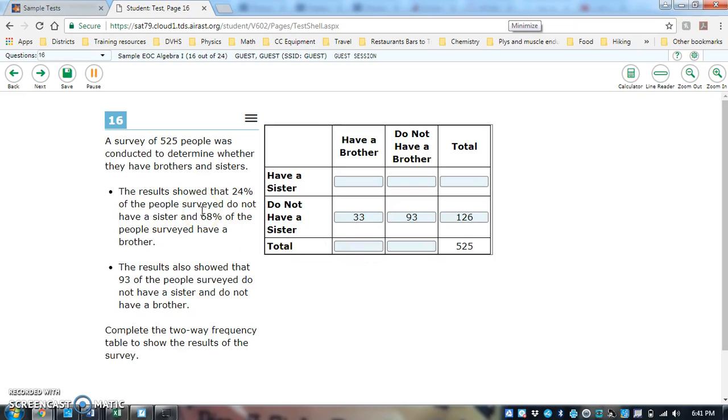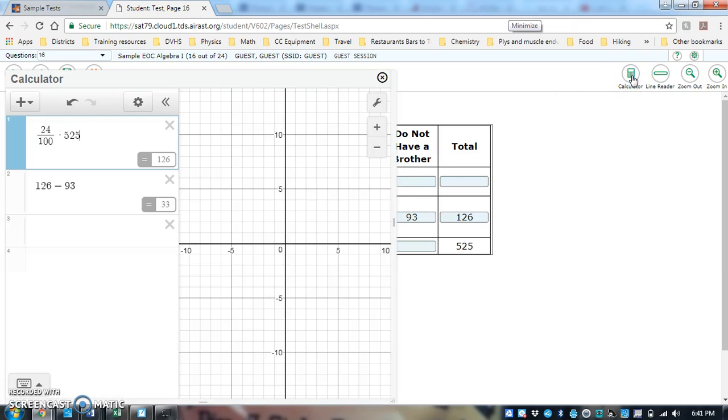Now we still have to convert this other one: 68% of the people surveyed have a brother. So that is going to be 68 over 100 multiplied by the total, 525. That's 357 of our poll participants.